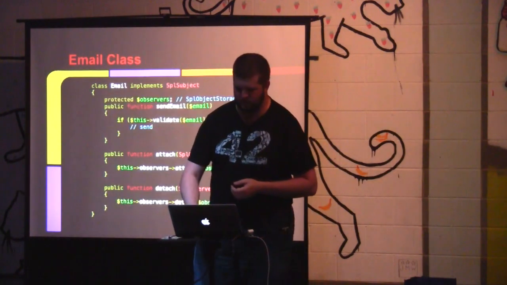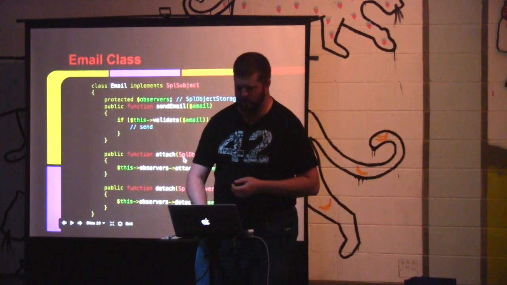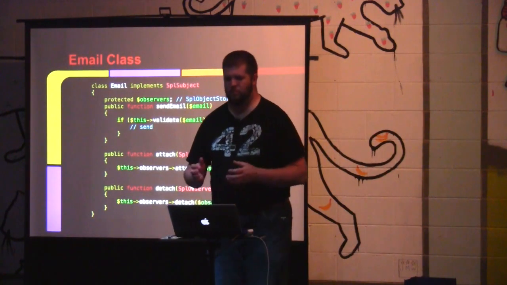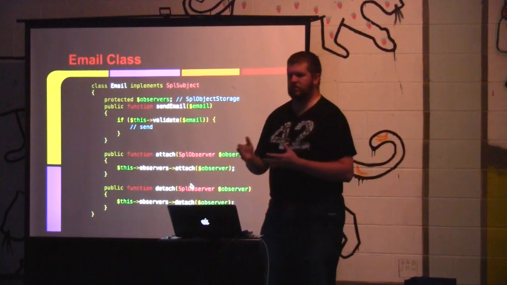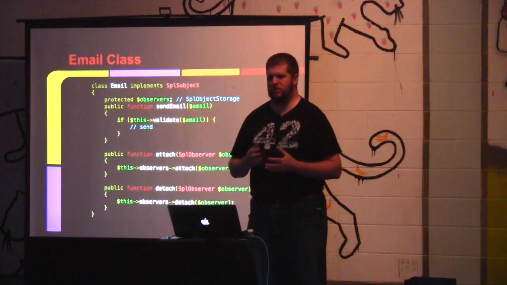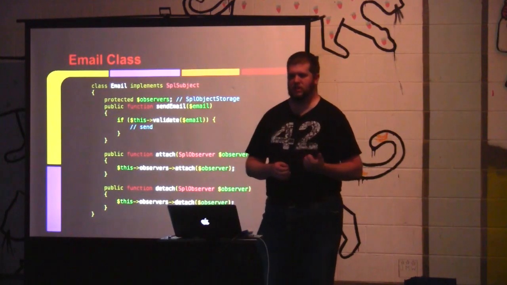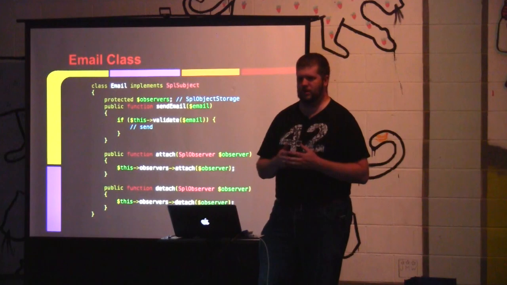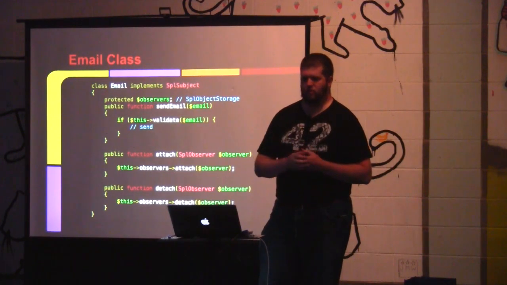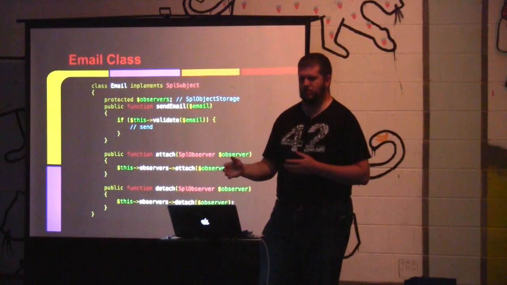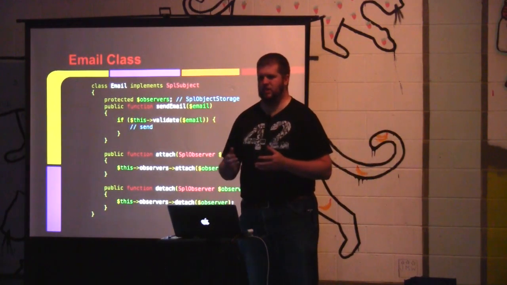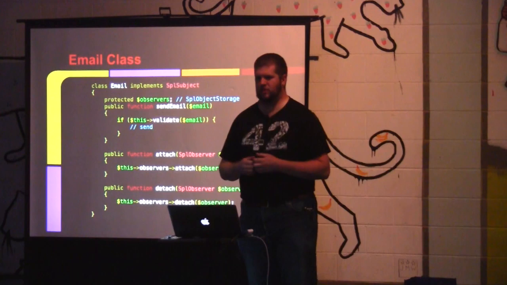Type hinting is occurring here when I'm putting this class or interface before a particular variable. It makes PHP enforce that whatever is passed in must be of that type. It could be an interface or it could be a class, it doesn't matter, but it has to be that. So in order for me to attach or detach an observer, that object I'm passing as the observer has to implement the SplObserver interface.